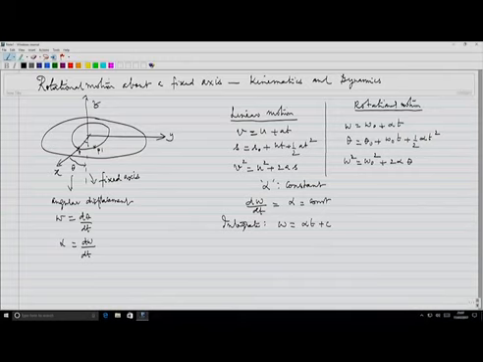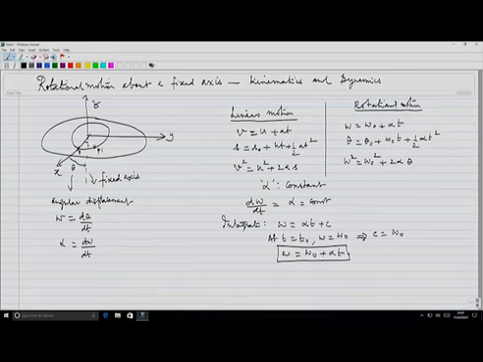Then at time t is equal to t naught, the initial time, let us say omega is equal to omega naught. Therefore this implies c is equal to omega naught, and hence I have the relation omega is equal to omega naught plus alpha t. So this is the first equation.